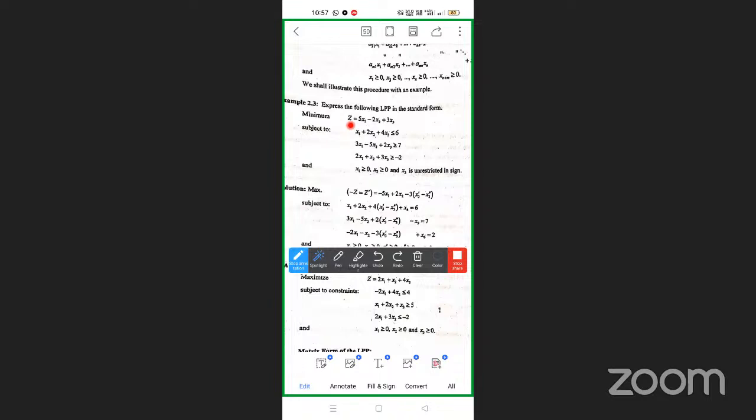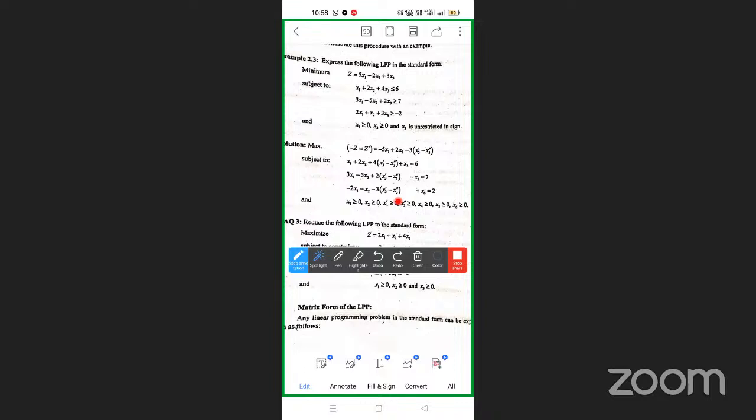Multiply both sides by negative. So maximum of z dash is equal to minus 5x1 plus 2x2 minus 3 into x3.